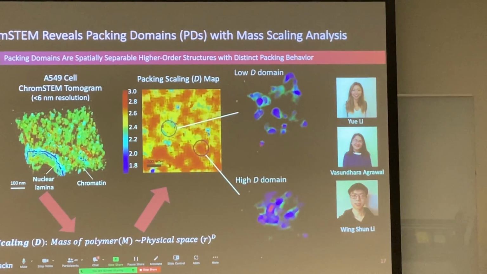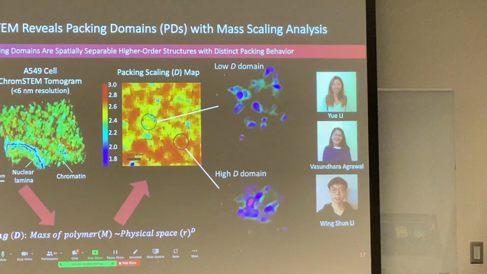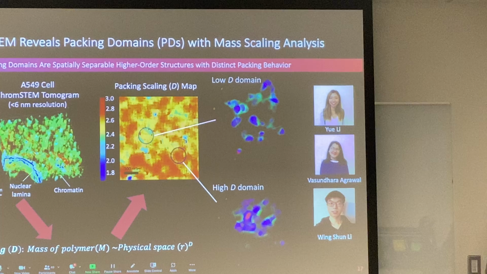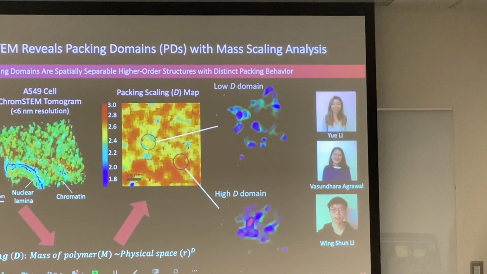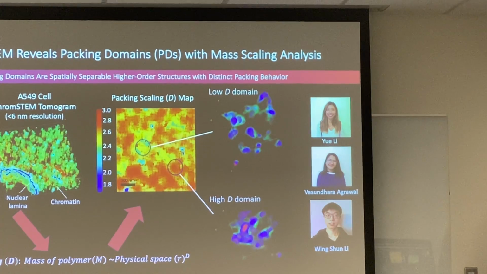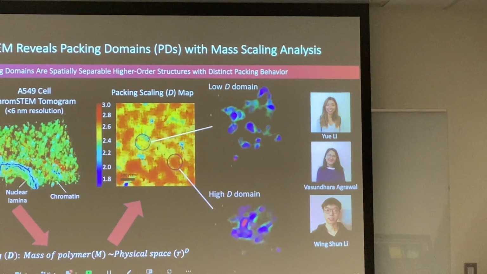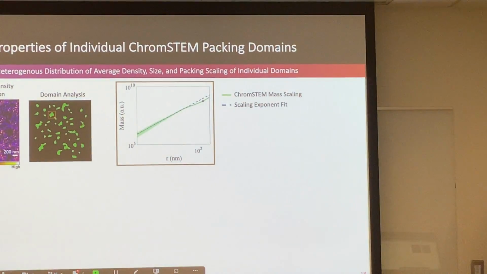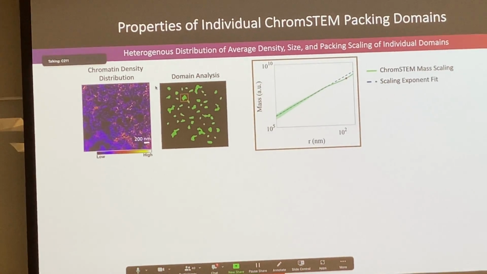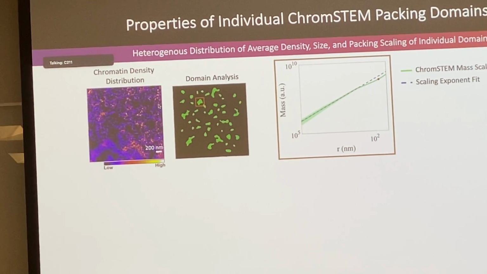However, the supernucleosomal organization, as you can see here, denoted by different densities in green and purple, is actually distinct between these domains. So as a next step, we wanted to observe the overall distribution of structural properties of these packing domains. In order to do that, we take this tomogram, which gives us the chromatin density distribution.